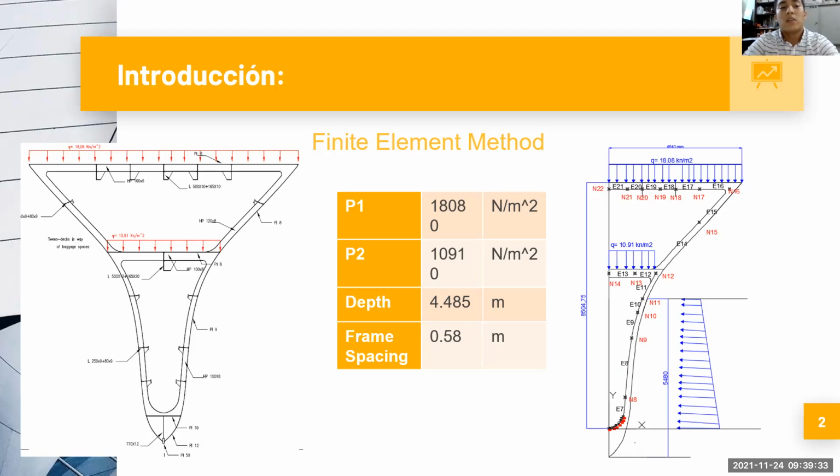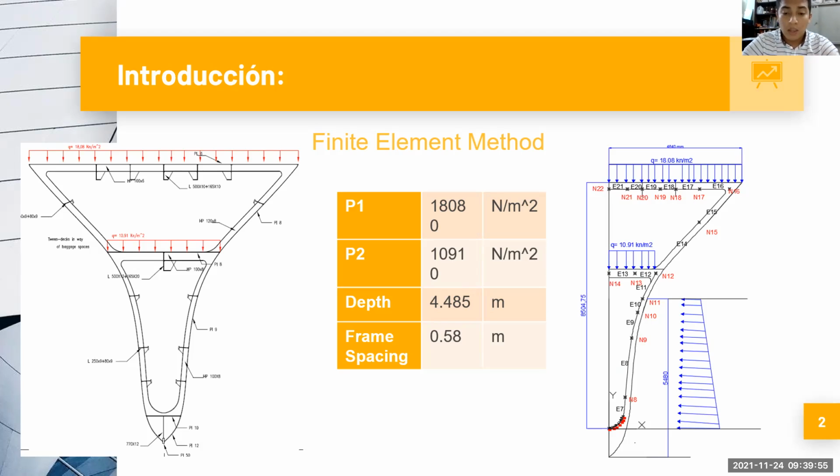From this problem, we had a frame with two distributed loads. One load was 18,080 newtons per square meter, and the other load was 10,910 newtons per square meter.